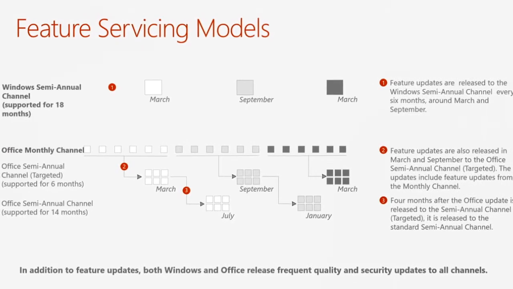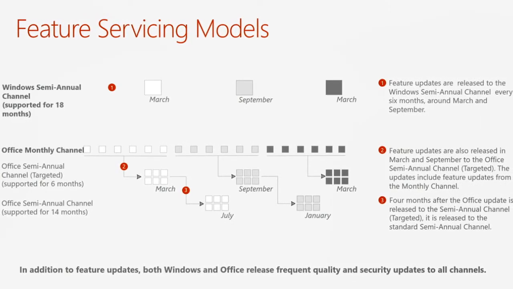For instance, from a Microsoft standpoint, one of the things that we have done is aligning our Windows and Office releases, for the first time, together. So Windows and Office will be shipping their releases twice a year in a semi-annual channel, around March and around September, where they're going to be shipping feature releases.